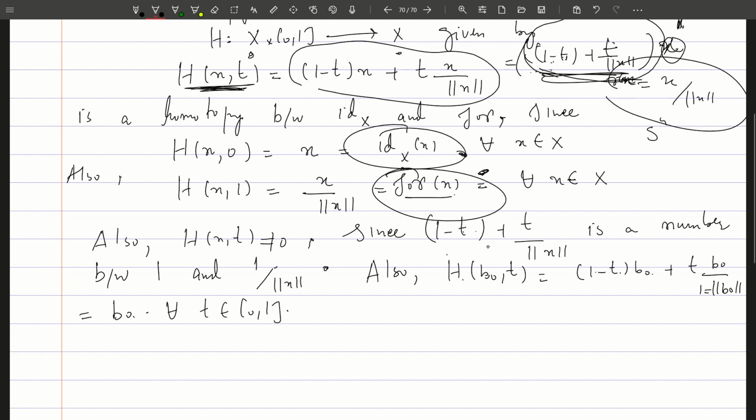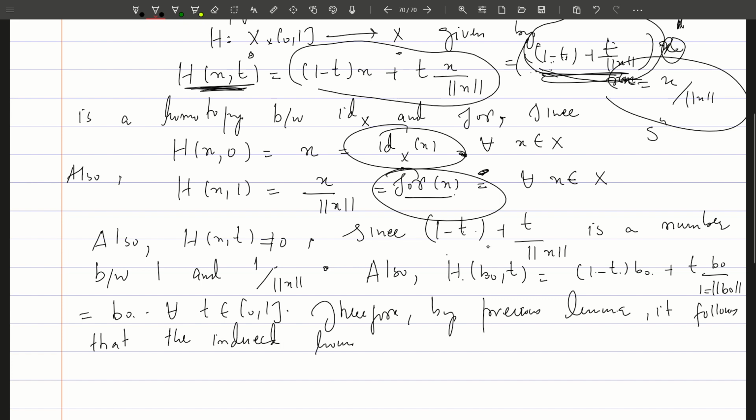Therefore, by the previous lemma, it follows that the induced homomorphisms (J composite R) star and identity on X star are equal.